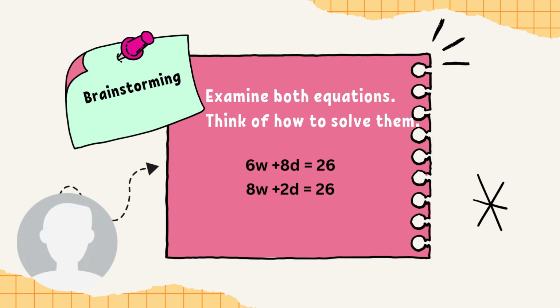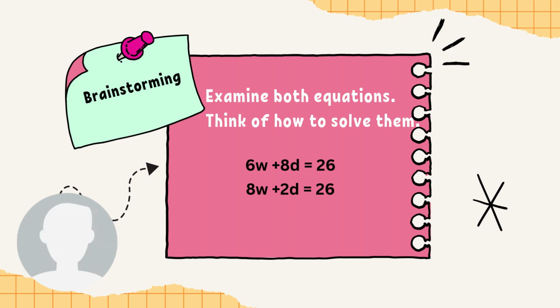Now the brainstorming part is to examine both of the equations that you have made just now, and think of how to solve them simultaneously. In what way can we solve both of these equations in order to find the unknowns W and D?